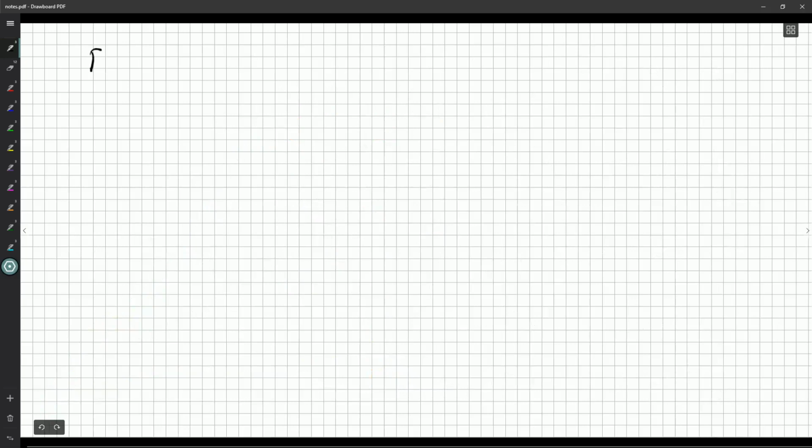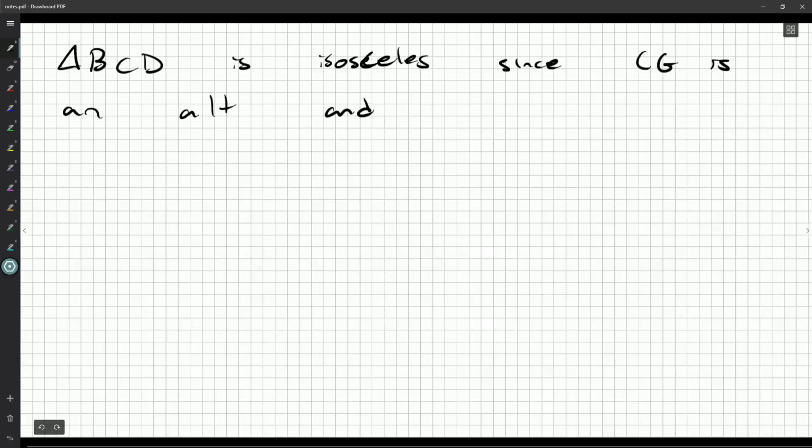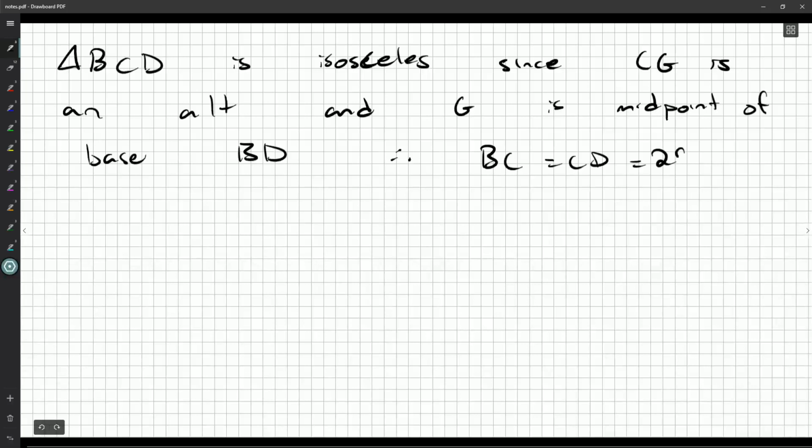So, triangle BCD is isosceles since CG is an altitude and G is the midpoint of the base, although it was flipped upside down, base BD. So that tells me BC is the same as CD, which is 28.